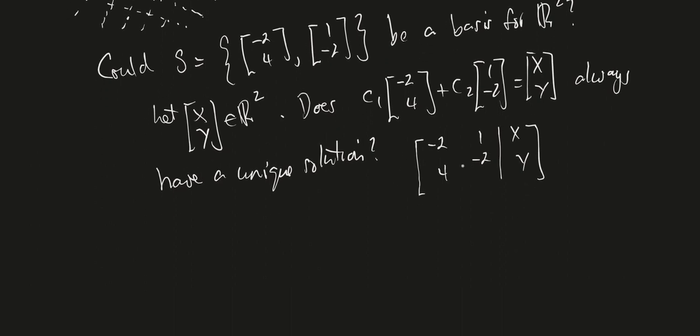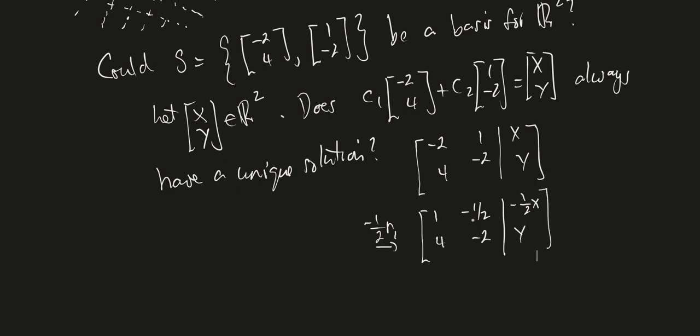Well, if I go ahead and do my elimination, let's see what's going to happen. So if we take negative 1/2 times row 1, then that gives us 1, negative 1/2, and then negative 1/2 x. Second row stays the same.